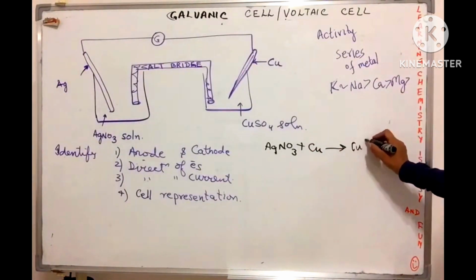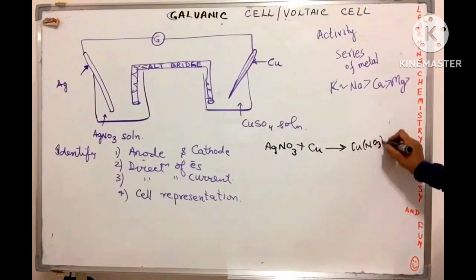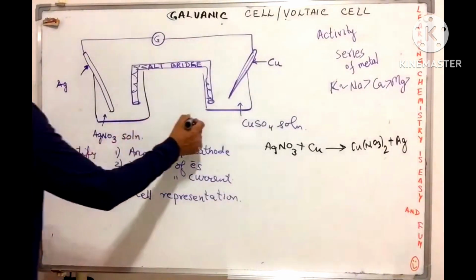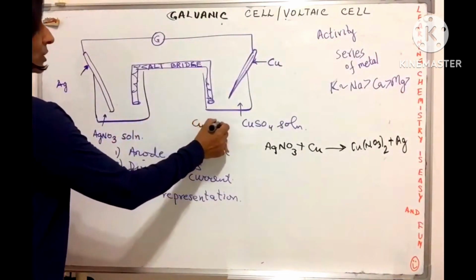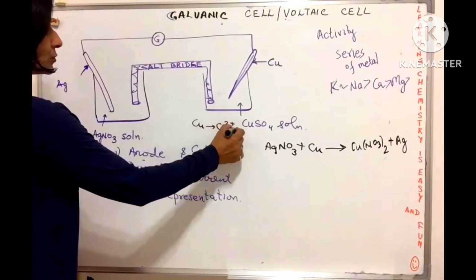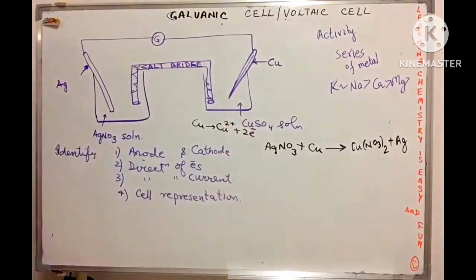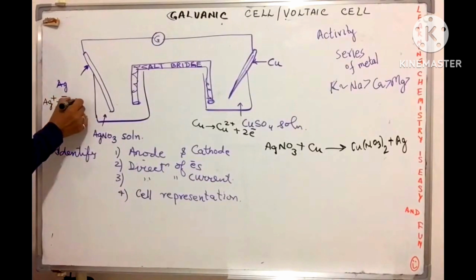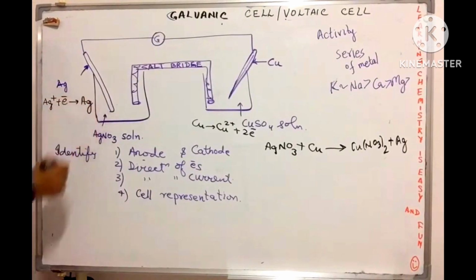It will give us copper nitrate, and silver will be separated out, right? So the same thing happens over here. So copper is turning to copper ions. Perfect. So Cu changing to Cu2+ plus 2 electrons. Then what about silver? Yes, Ag+ on the other hand gaining electrons in order to turn to silver.